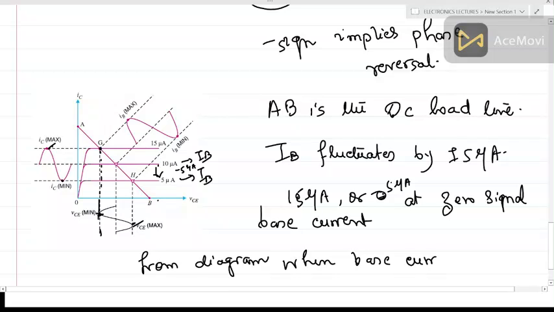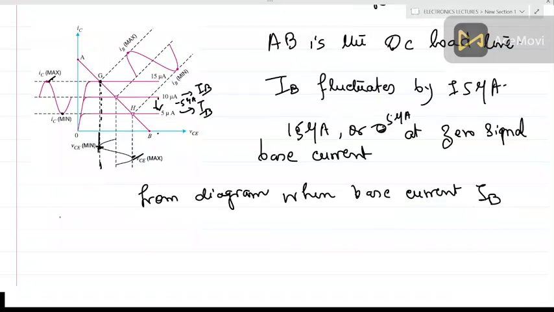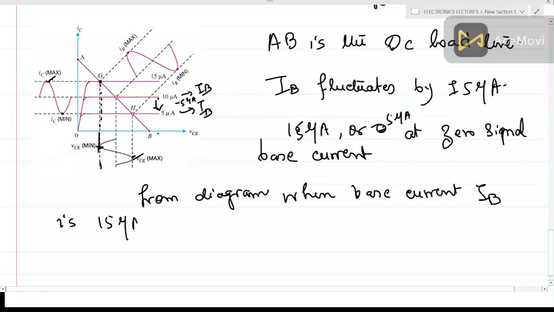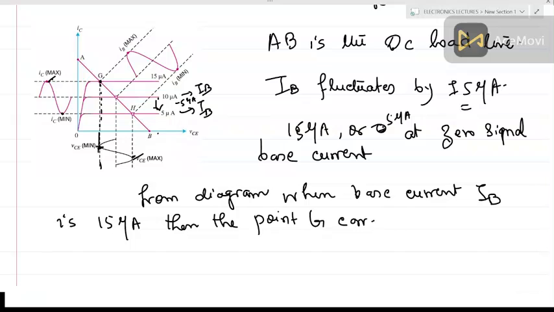From diagram, when base current IB is 15 microampere, it is varying by plus minus 5 microampere, I have written this.